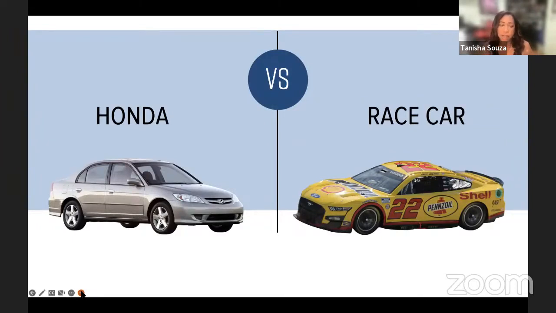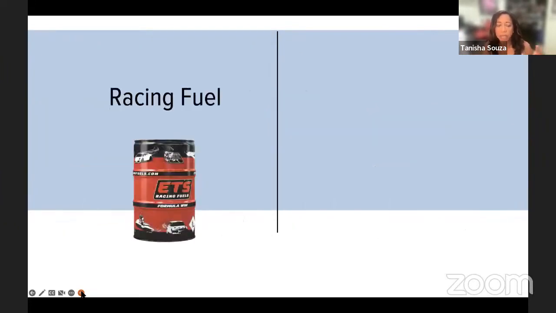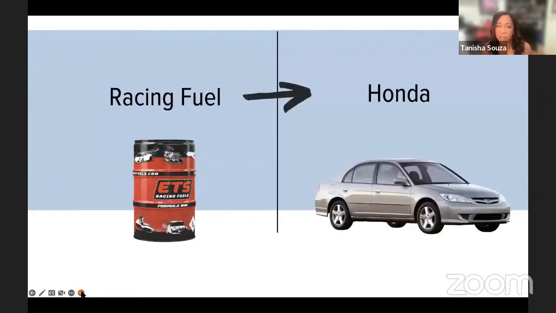So you've got 2 things, the vehicle and the fuel, that make it go faster than the Honda. Now, if you were to put racing fuel in the Honda, which we view as a traditional investment system, if you put these short-term amortized income investments in that Honda, it's not going to work efficiently.